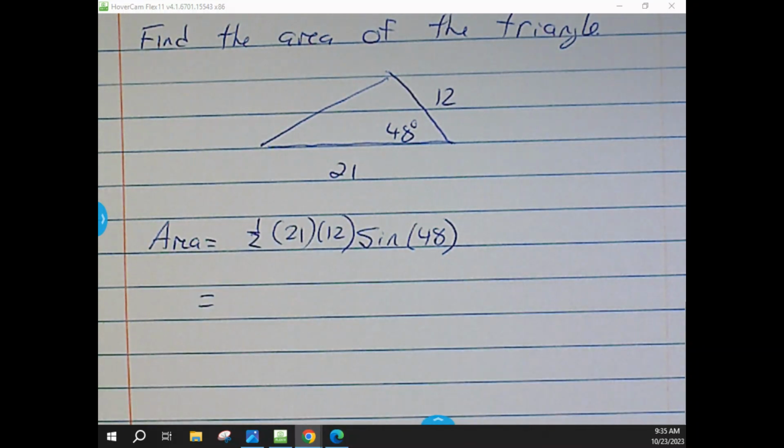Okay, and from there it's just basically using your calculator. There we go.